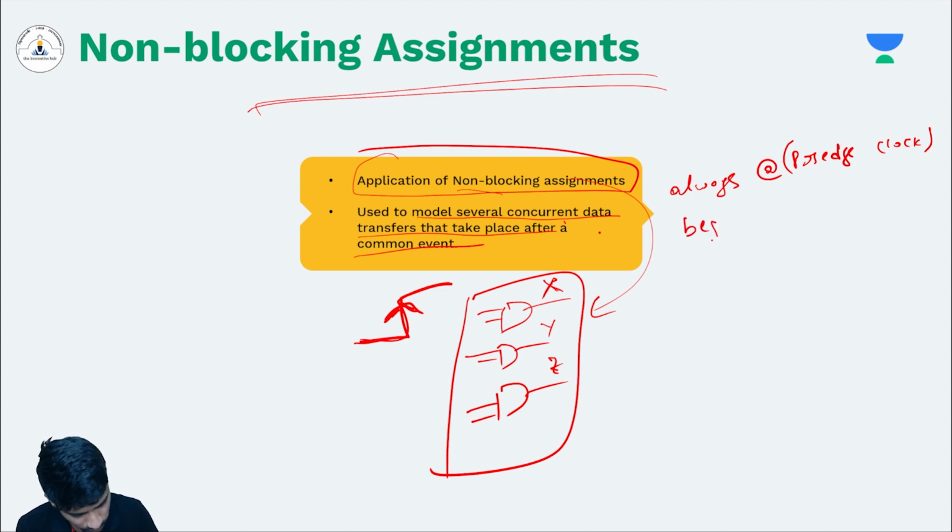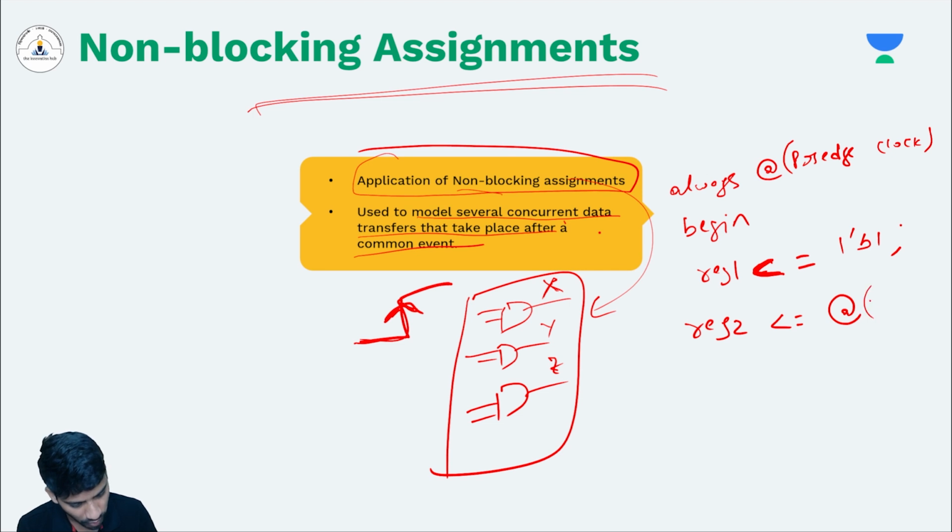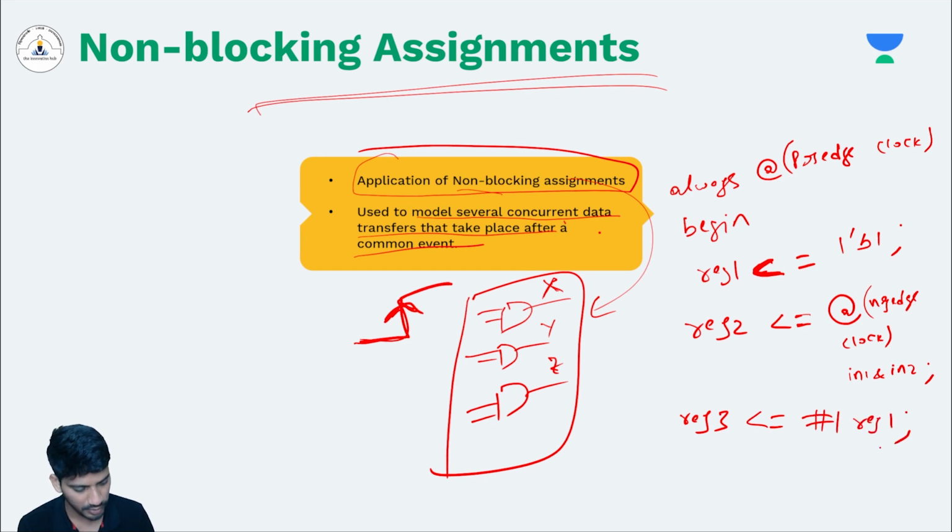I'm beginning, I'm assigning my register 1 less than or equal to, because it is a non-blocking assignment, and register 2 at the event of negedge clock. I'm assigning it to, let's say, input 1 and input 2. I will explain what these statements will do. And let's say my register 3, again non-blocking. Let's say at time 1 nanosecond, I want register 1.